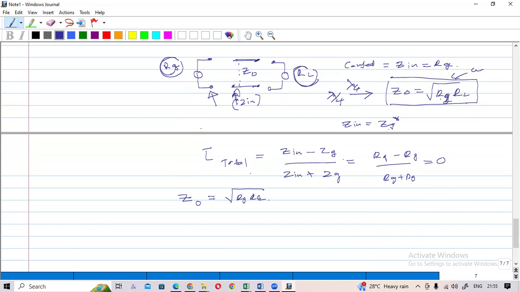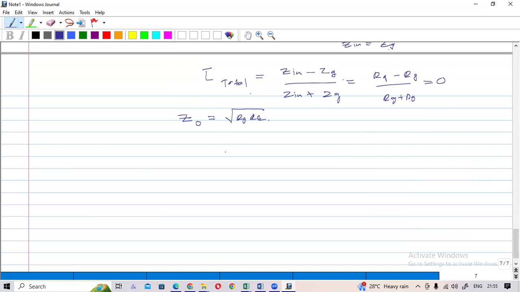So what you have basically done is mapped RG to RL using the transmission line. That transmission line is lambda by 4, the quarter wave, and it is actually the transformer. So you have transformed RG into RL.